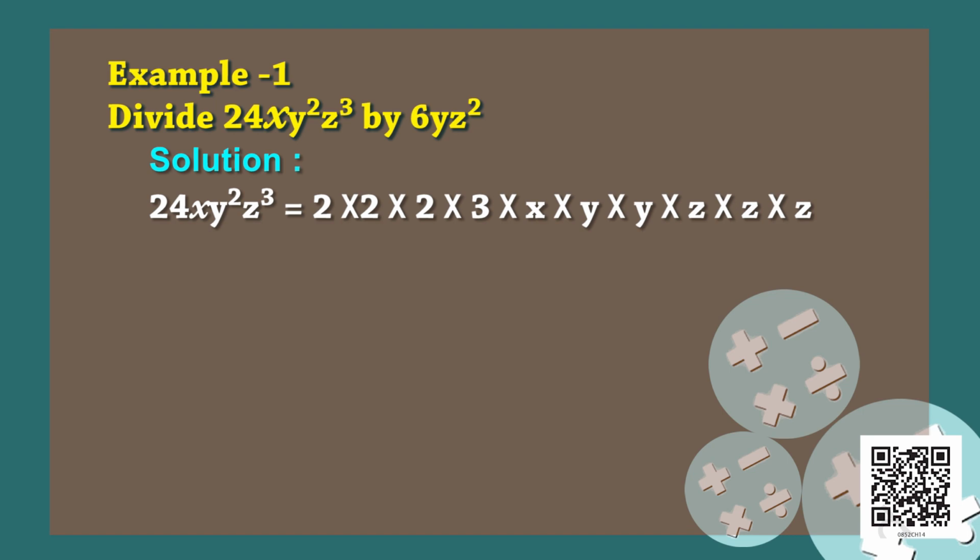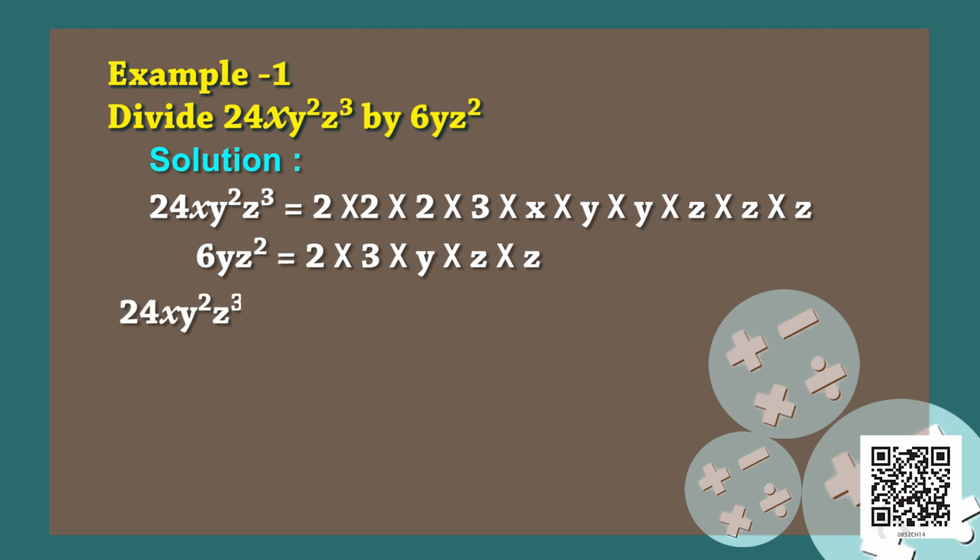Similarly, 6yz square is equal to: 6 can be written in the irreducible form as 2 into 3, into y into z square, which is z into z. Now, we group factors of the first term into separate 6yz square, that is 24xy square z cube is equal to 6yz square into 4xyz.